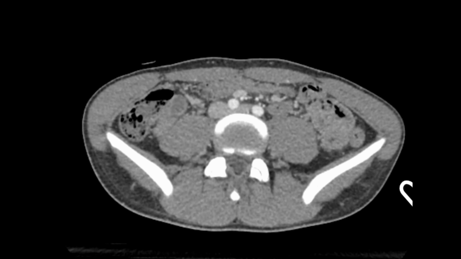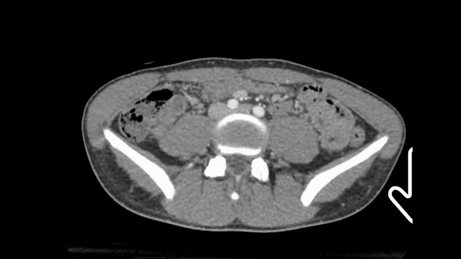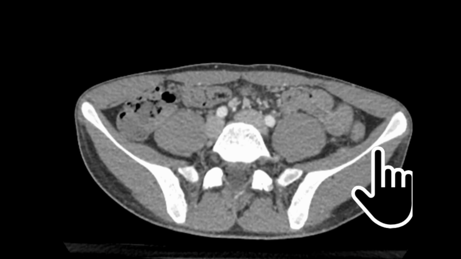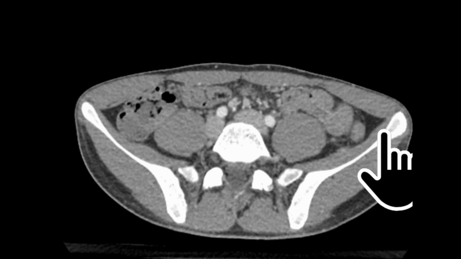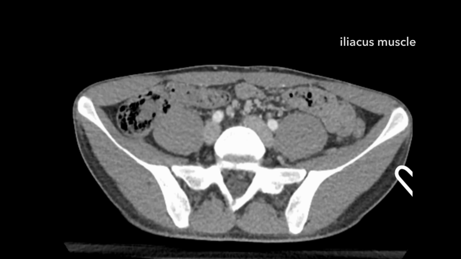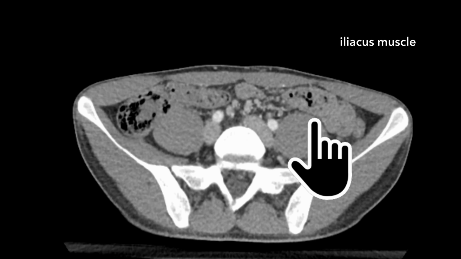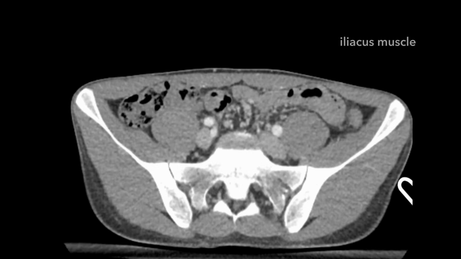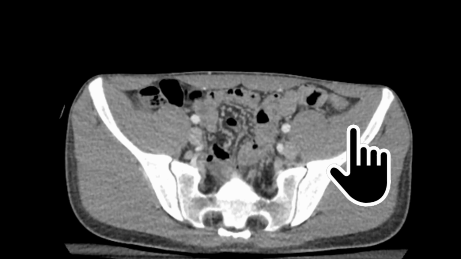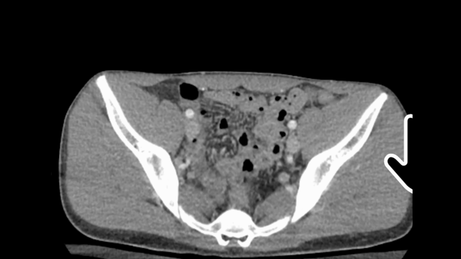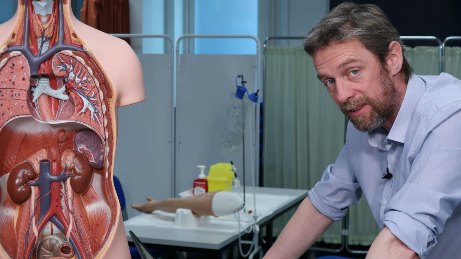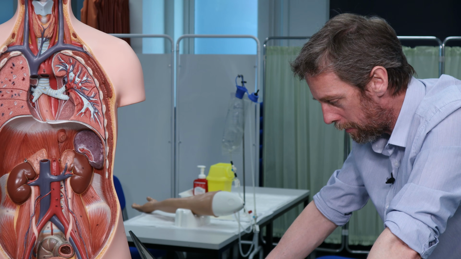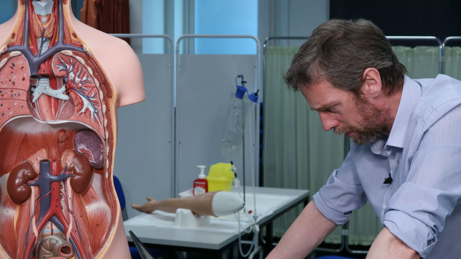And as we scroll down, we also see on the wing of the ilium, we see iliacus, the iliacus muscle here, and iliacus and psoas major are going to come together to become what gets known as iliopsoas. Both of those muscles go into the femur to become a major hip flexor, right?